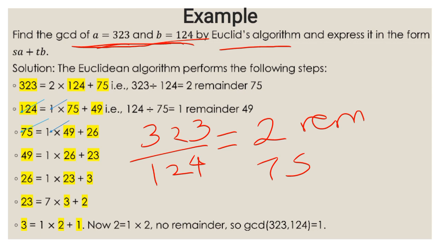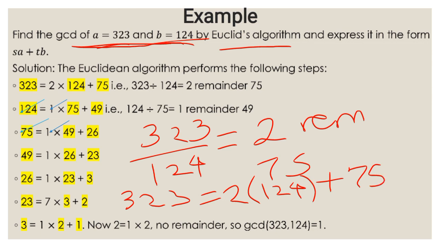Meaning that I can write this as 323 is equal to 2 times 124 plus my remainder 75, which is what we did earlier. Do you remember? Now, that's what I've done here. This is the first step here. I was able to write it. That's what you see here.